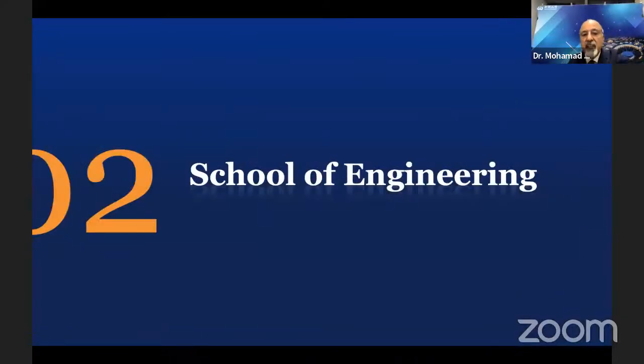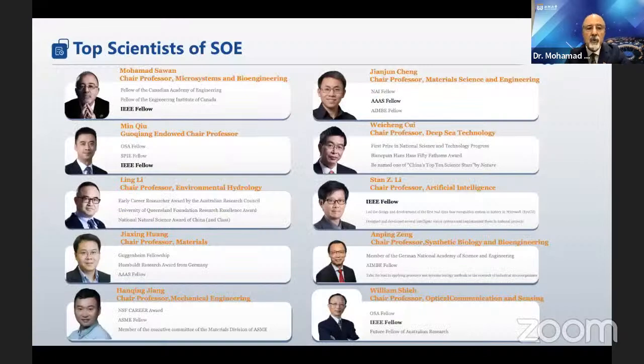In terms of engineering, I am in the School of Engineering. I show here my colleagues. We are 10 chair professors. As you know, after full professor, you can have a promotion to chair professor. This is the maximum. If you look at electrical engineering, EE, you can find many IEEE fellows in the School of Engineering.